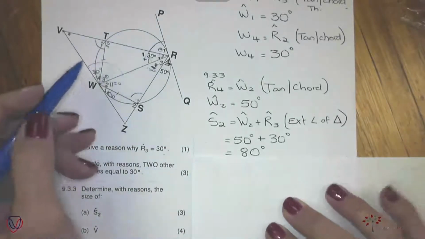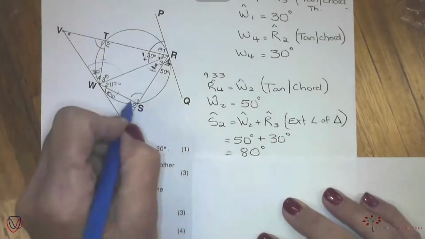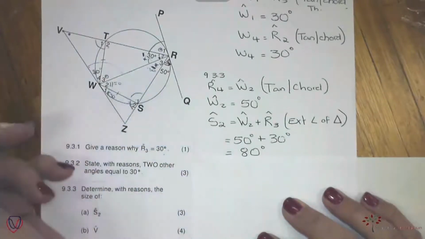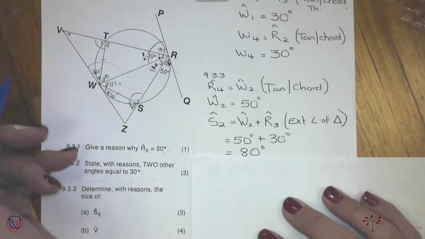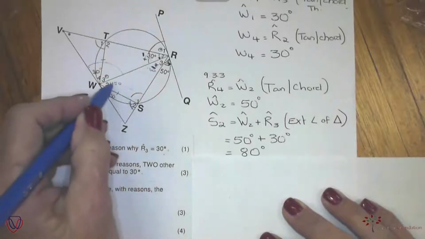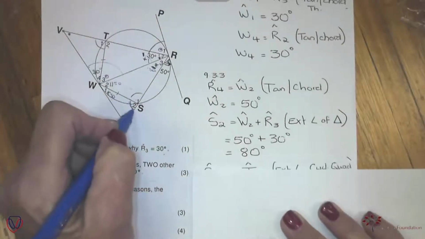S2 is the exterior angle of this triangle. Again, it's the exterior angle. Can you see how many times we've been using it in this sum? S2 will be that one plus that one. So S2 will be 80.